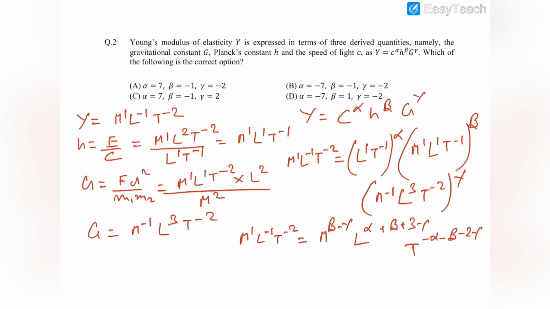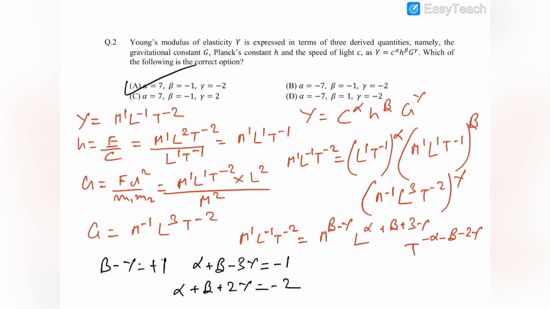So you can see that after comparing, beta minus gamma is plus 1, and alpha plus 2 beta plus 3 gamma is minus 1, and alpha plus beta plus 2 gamma is 2. So by solving these three equations, the correct answer would be option A. Now we move on to the next question.